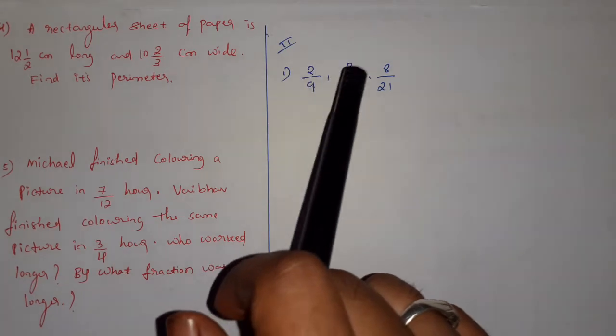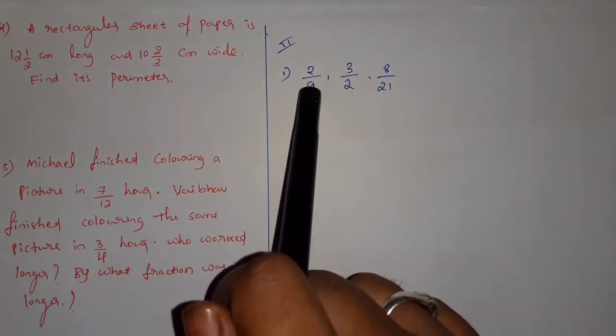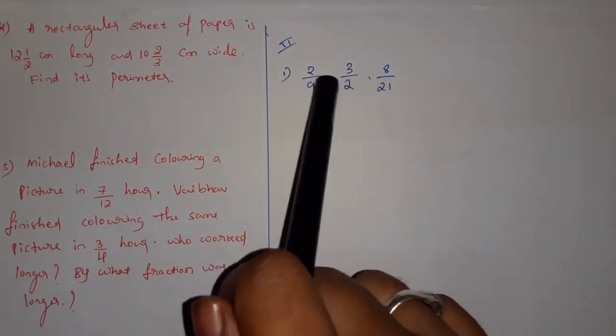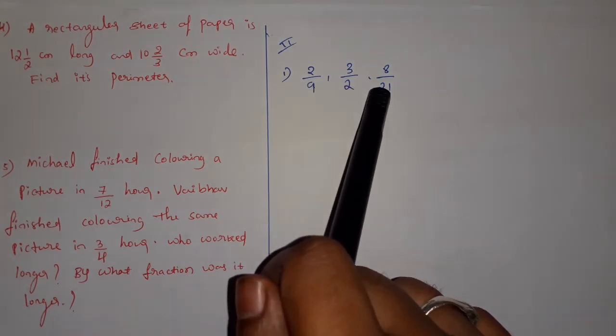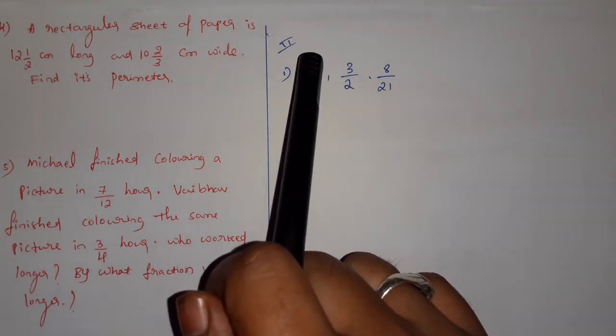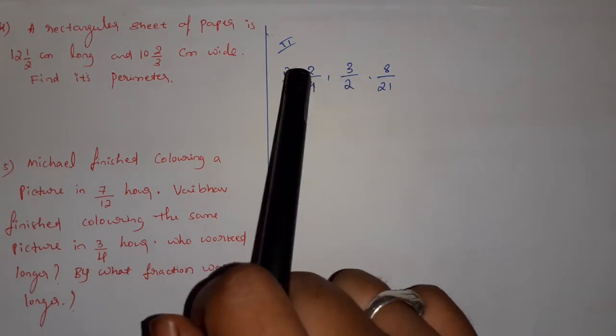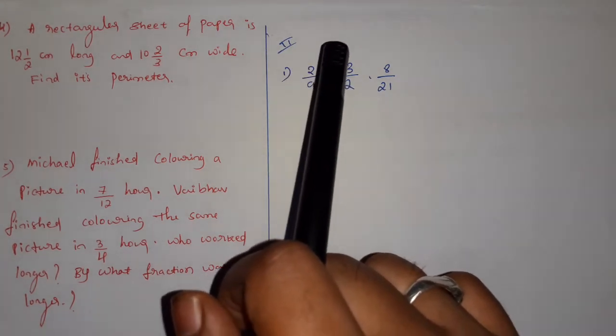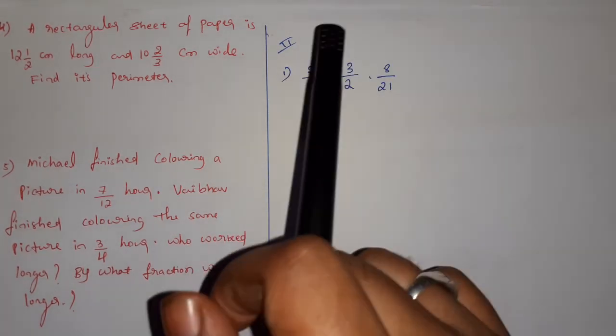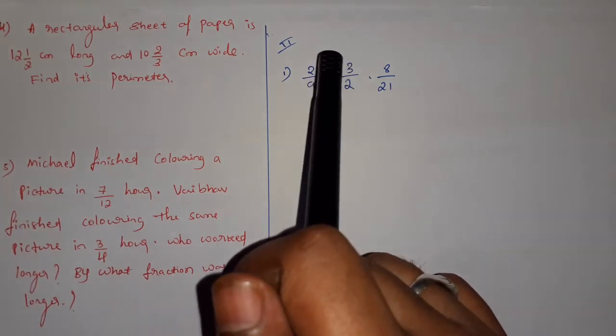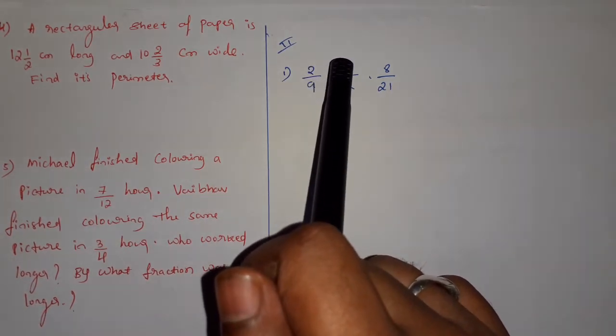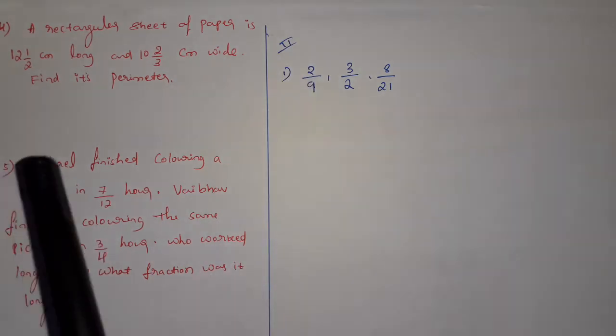One way is you make the denominators equal, and once you make the denominators equal, the fraction having the larger value in the numerator is the larger one, and the fraction having the smaller value in the numerator is the smaller one. That is one concept.